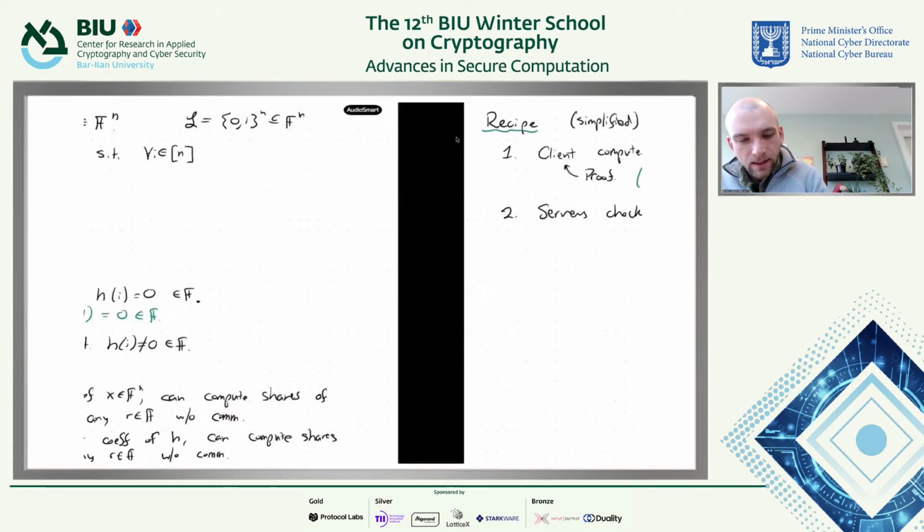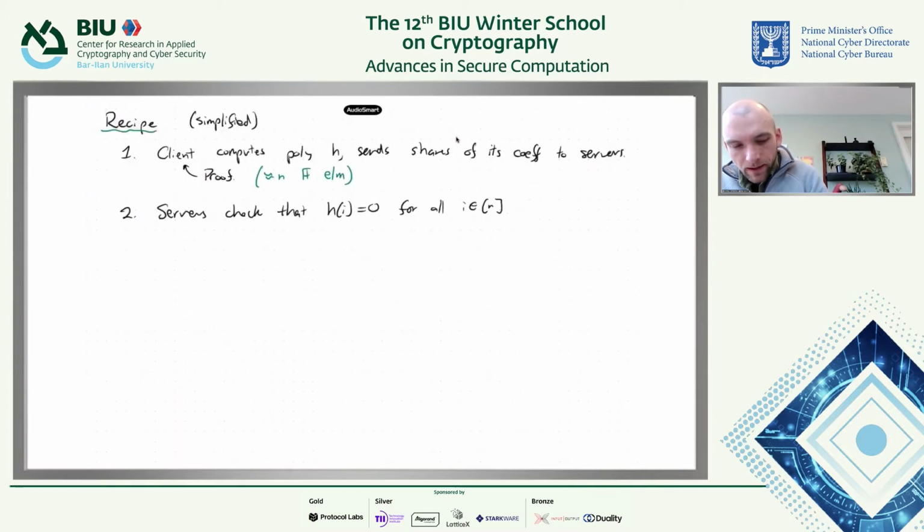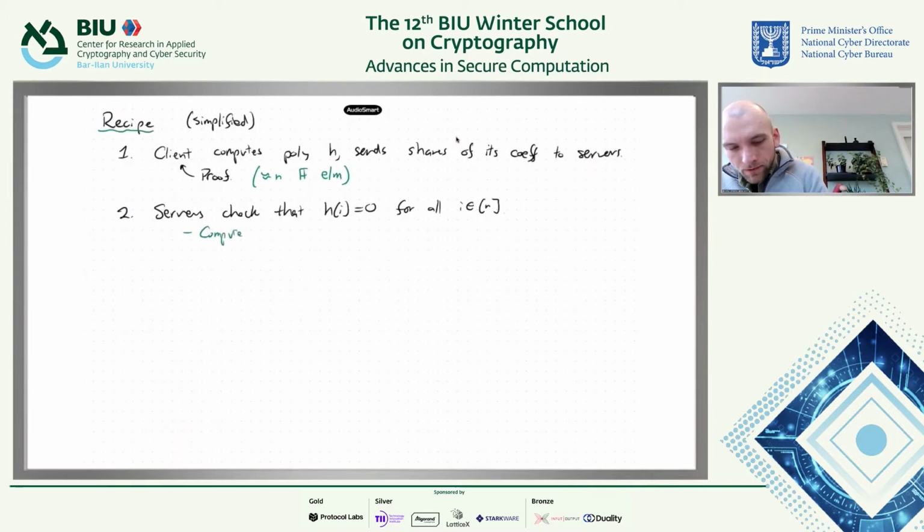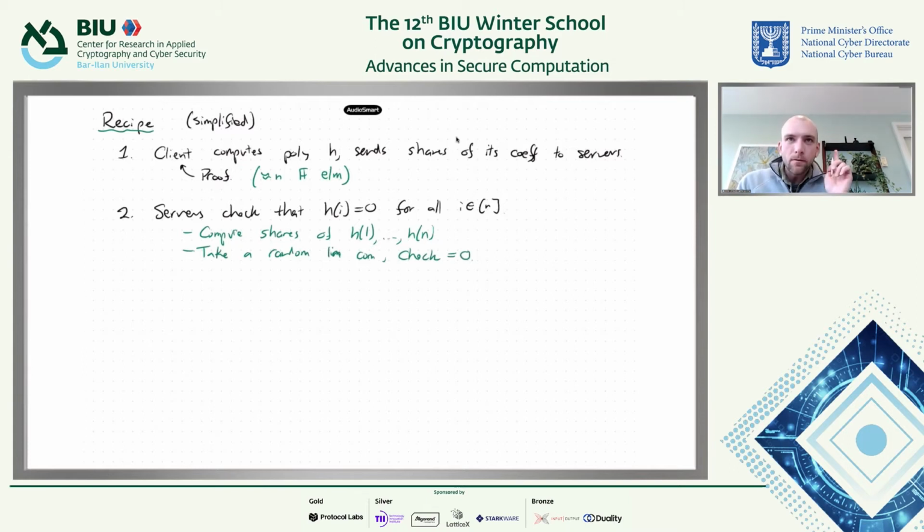So the servers compute locally, without communicating, shares of h(1) up to h(n), and then they take a random linear combination of these and check that it's equal to 0. So this is a randomized test, with about one field element worth of communication, that h(1) up to h(n) is 0 everywhere. Yeah, so that's the second thing that the servers do.